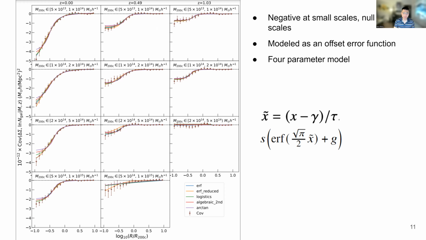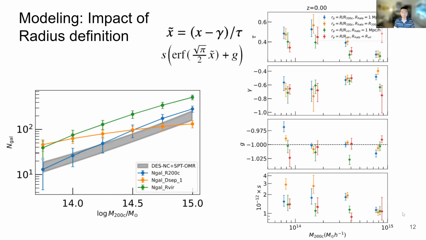So these 4 parameters are gamma, the horizontal offset; tau, the horizontal scale; g, the vertical offset; and s, the vertical scale. Specifically, g equals -1 means that the covariance goes to 0 isotropically at large scales. We first explore the impact that the radius definition has on the covariance parameters.